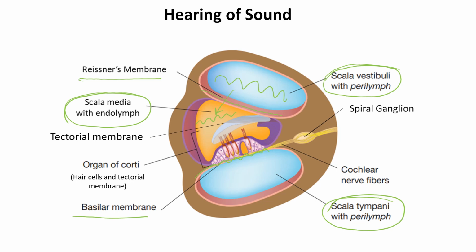Now you can see an organ known as the organ of Corti that is present on the basilar membrane. This organ of Corti consists of hair cells and a tectorial membrane. This right here is the tectorial membrane and these are the hair cells.